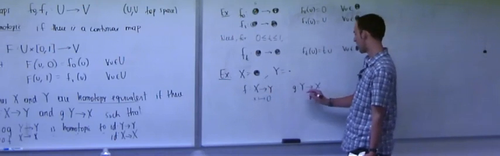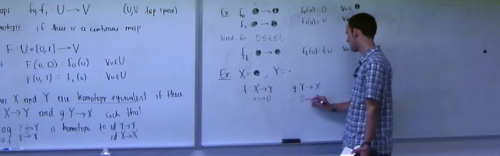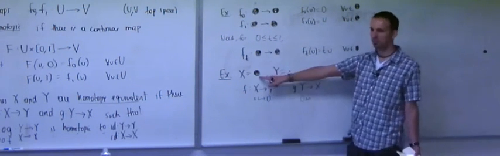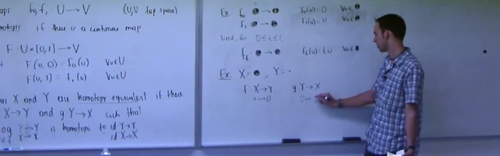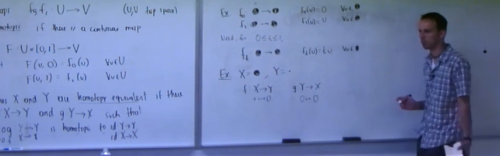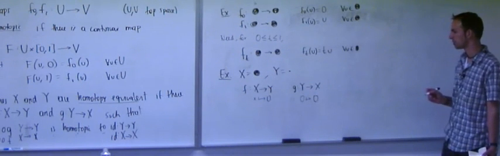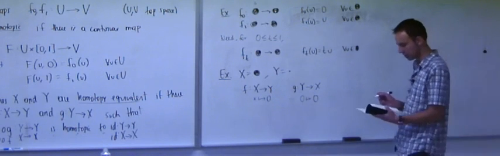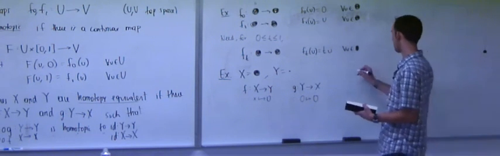And we're going to take y, it only has one element, which we're calling 0. And we need to map it to somewhere, and probably the natural thing might be just to map it to the center of the circle. And so what do I need to check?